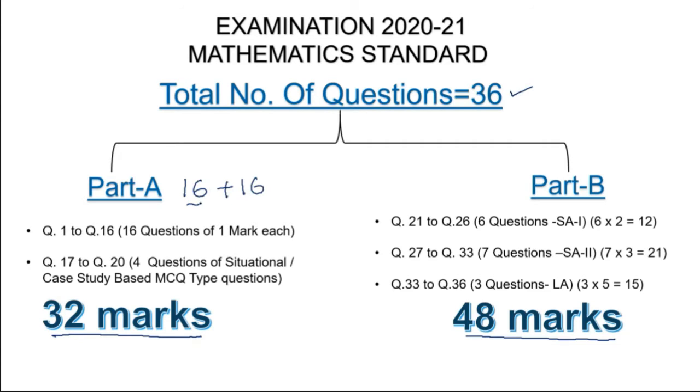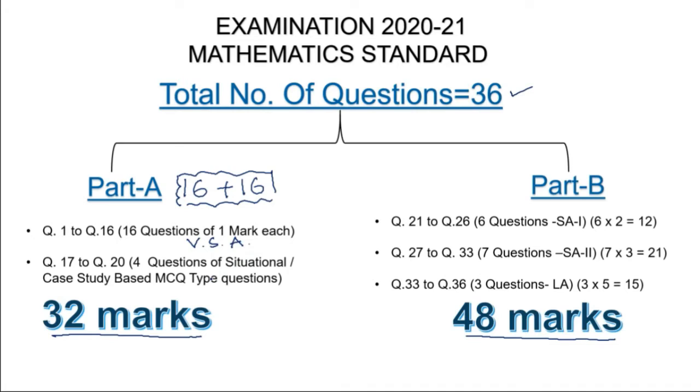There will be two sets of questions in part A. The first 16 questions, from question number 1 to question number 16, are of 1 mark each. These are very short answer type questions.